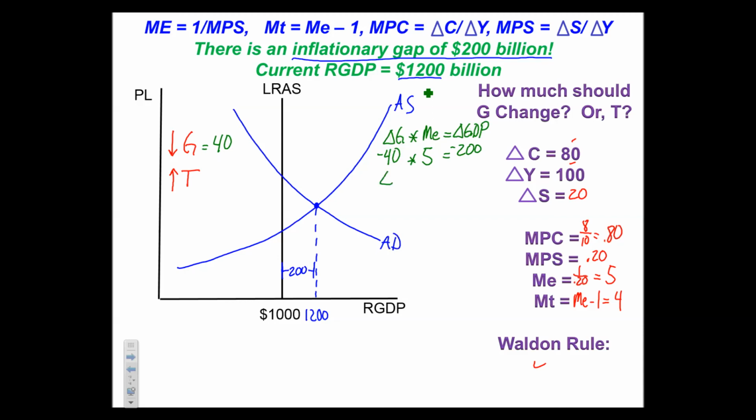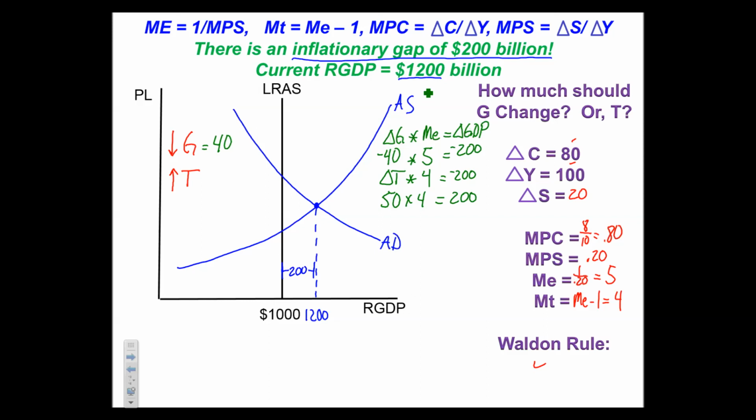Or change in taxes times the tax multiplier is going to equal our change in GDP. The tax multiplier is 4. So 4 times what equals negative 200? Well, forget the negative part. We just have to know that taxes are going to go the opposite way. So it's 50 times 4 equals 200.